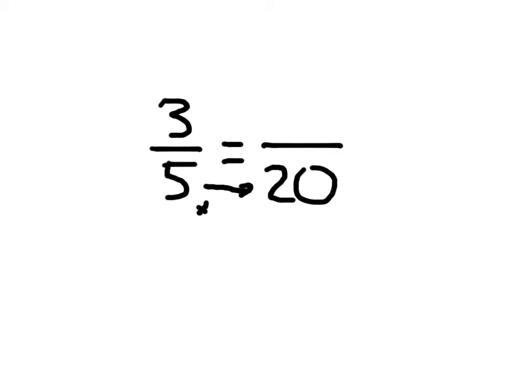We multiplied by 4. Now, what I was saying on the previous screen is that if we do one thing in the denominator, we must do the same thing in the numerator. 3 times 4 is 12.